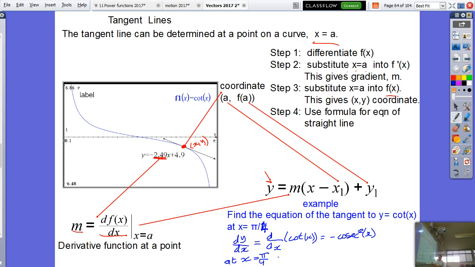Alright, so then at that pi on 4 value, what's going to be our gradient number? So negative cosec squared of pi on 4.